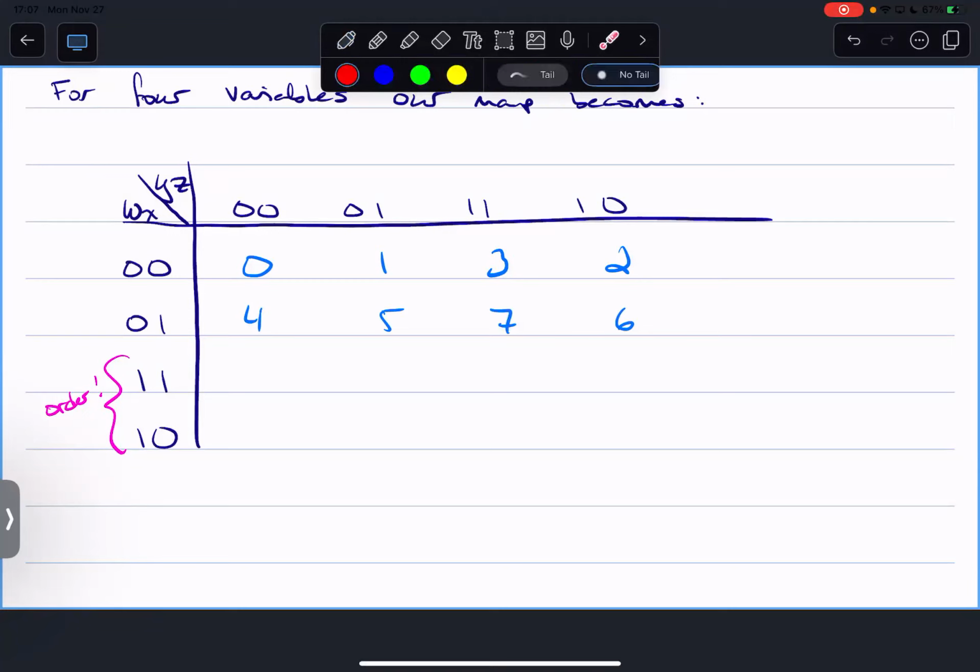Then once I hit this weirdo, I have to go down 8, 9, 10 out to the bottom right, 11, then jump up a line, 12, 13, 14's out here, 15.